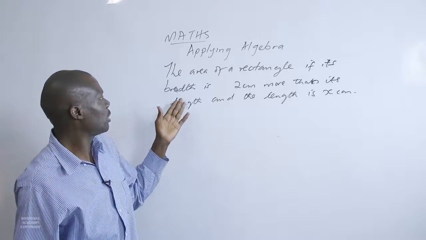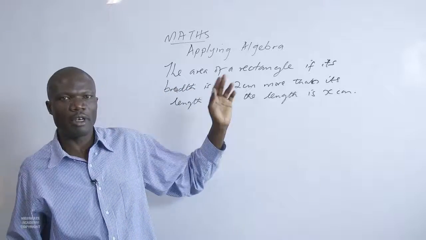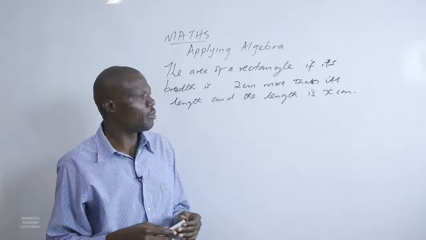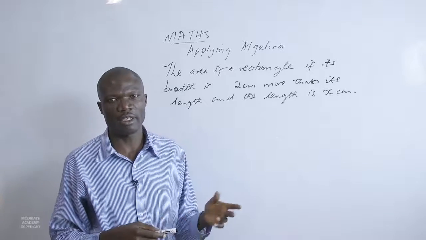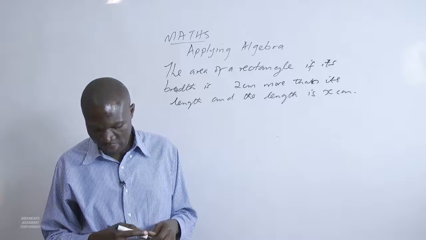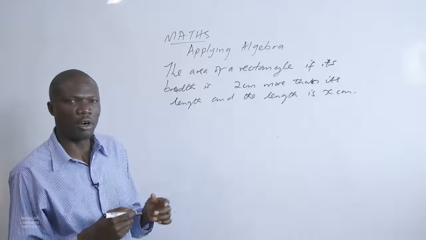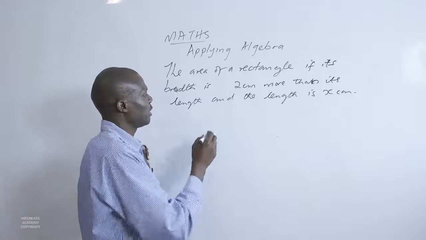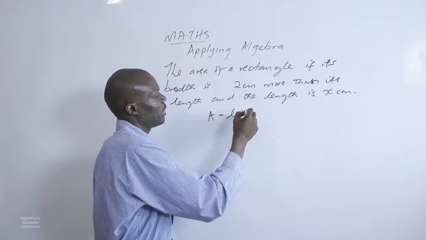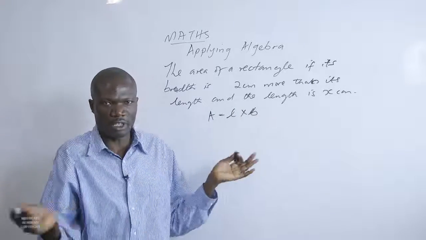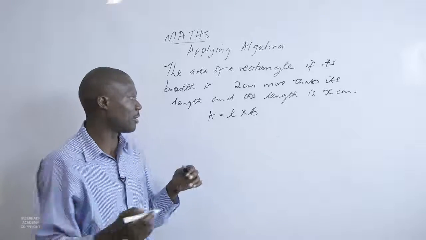We give an expression for the area of a rectangle if its breadth is 2 centimeters more than its length and the length is x centimeters. Now, if the length is x, we normally say the area is length times breadth. That's the formula for the rectangle.